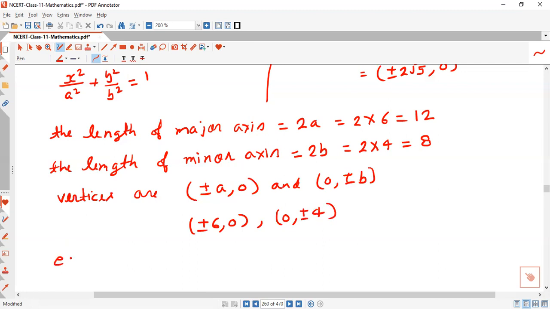Now eccentricity. We write down the eccentricity, so I will write down the spelling correctly.